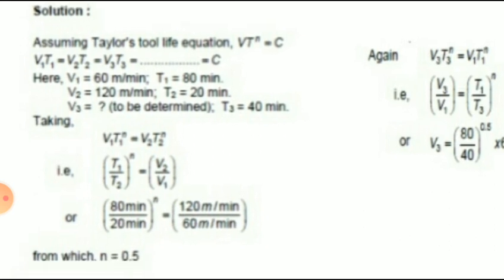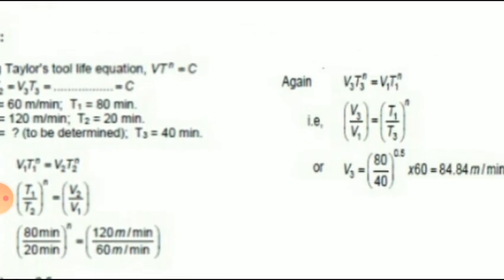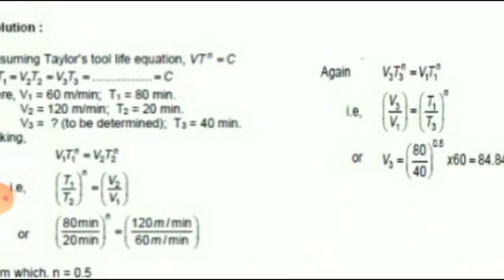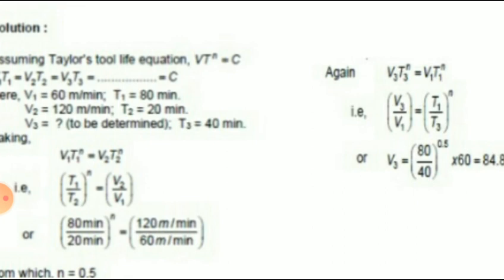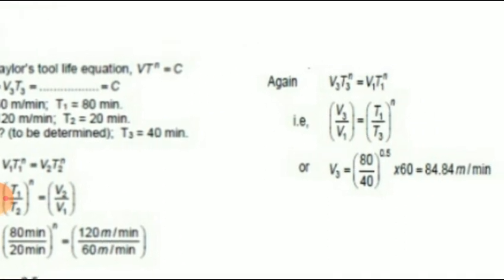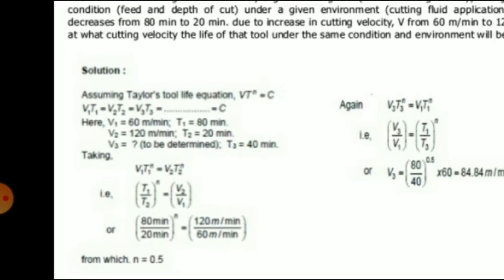So n is equal to 0.5. Now again you have to find V3. You can write V3 T3^n = V1 T1^n. Put the values, then you will get the value of V3, which will be equal to 84.84 meters per minute.